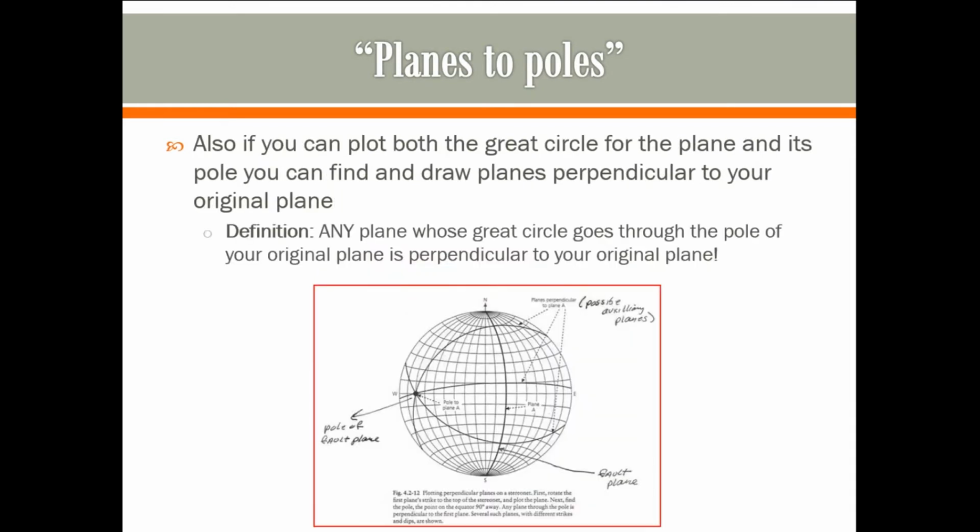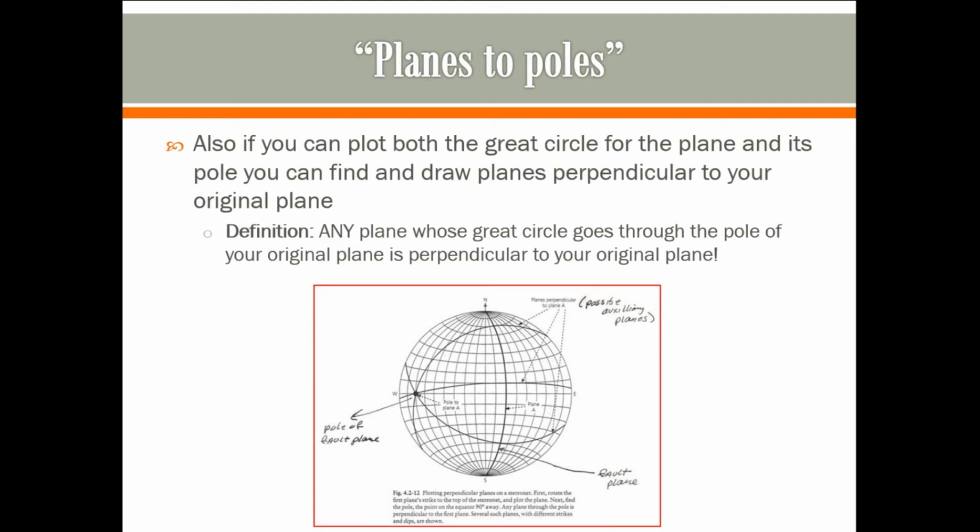The other cool thing we can do with that is we can find planes that are perpendicular to it. So, if I have this table surface here, this plane is perpendicular to it, and this plane is perpendicular to it, and this plane, and so forth. Lots and lots of perpendicular planes. One thing they all have in common as long as they're going through the origin, is that they contain that pole.